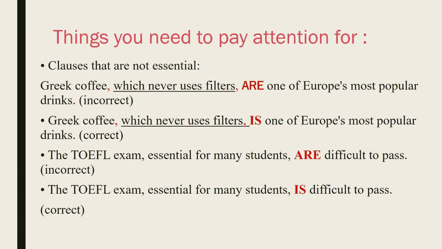Students is a plural noun, but it is not the subject of the sentence, nor is it going along with this verb. These words, essential for many students, are just extra. So, to correct the sentence, I would write, the TOEFL exam, essential for many students, is difficult to pass.